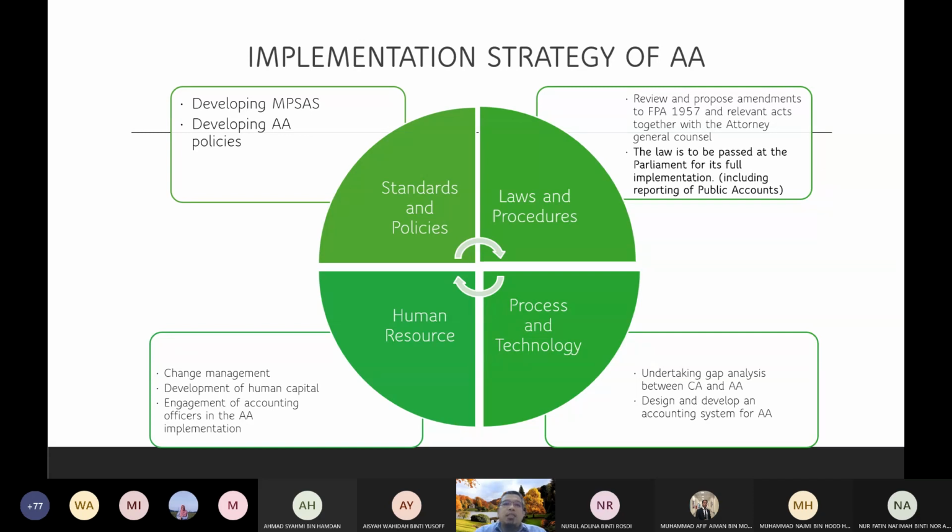Law and procedures: for government agencies to prepare their accounts under accrual accounting, they must have the mandate. That's one of the requirements for law and procedures. Review and propose amendments to the Financial Procedures Act 1957 and relevant acts together with the Attorney General.